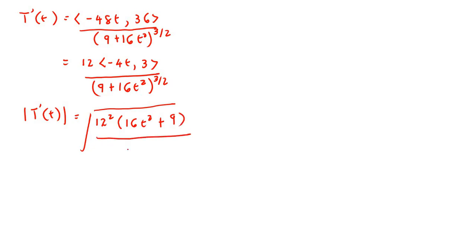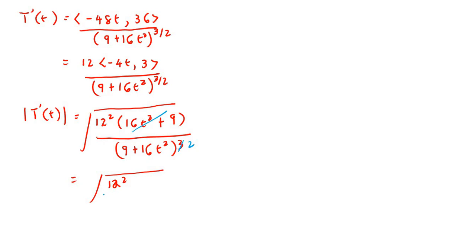The denominator also squared becomes 9 plus 16t squared power 3. Because I factored out, I can cancel: 9 plus 16t squared is power 1, so this cancels 1, leaving power 2.